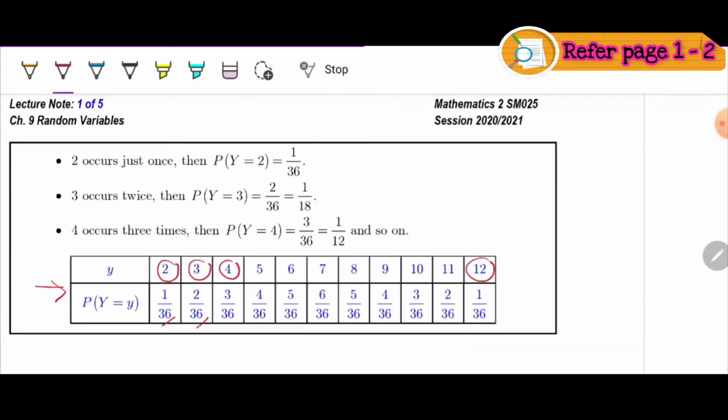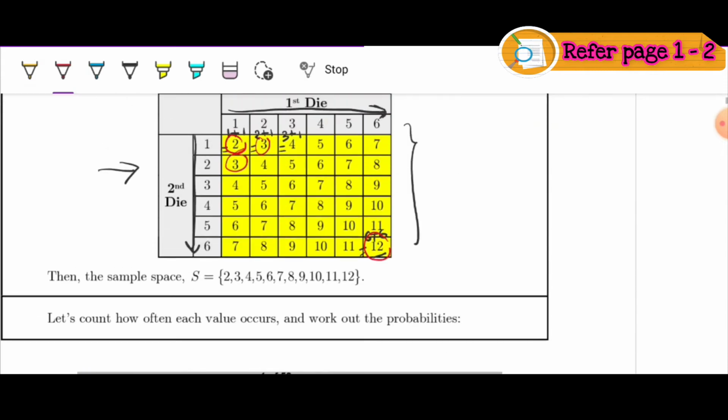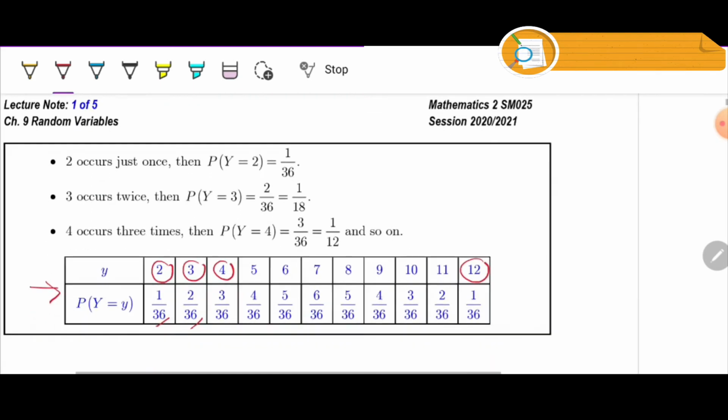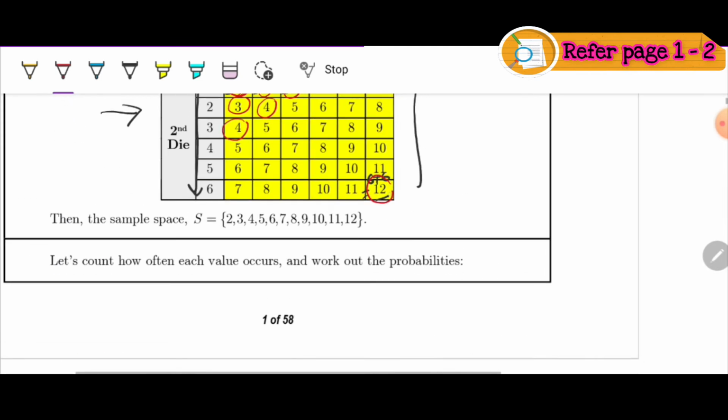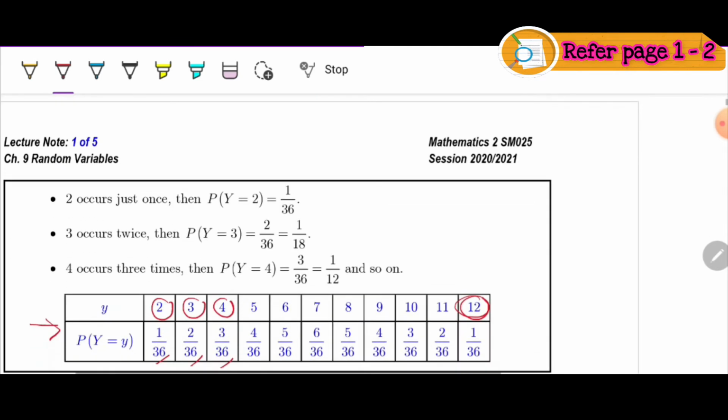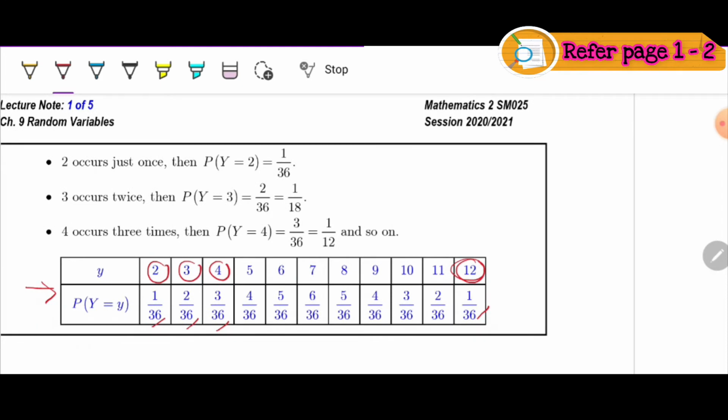And the probability of getting 4 is 3 out of 36. So list all the probabilities until the maximum score, which is 12. So the probability of getting 12 is 1 out of 36. So this table is an example of a discrete random variable.